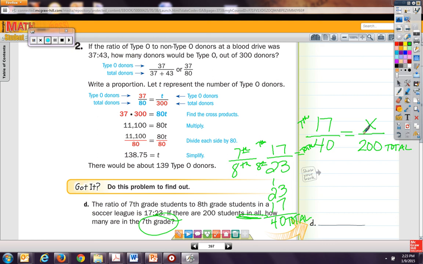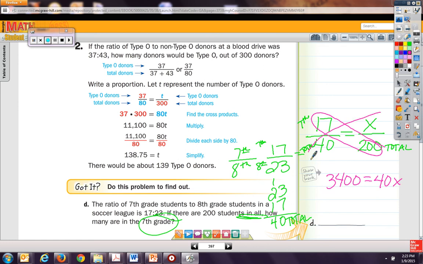So there's my X. This would be trying to figure out how we're going to break down classes and things like that. So what do I need to do? I need to cross multiply. 17 times 200 equals 3,400 students. Do I have 3,400 students?